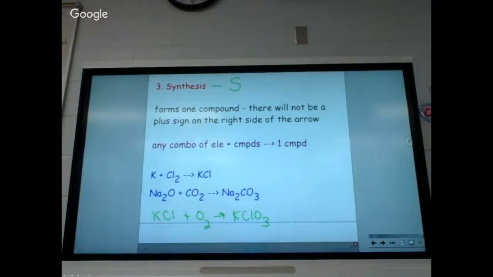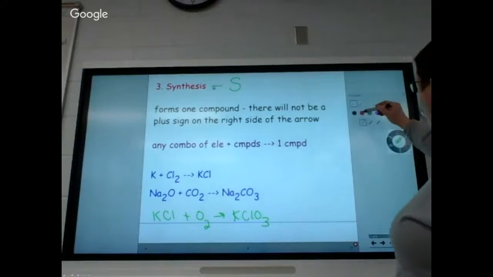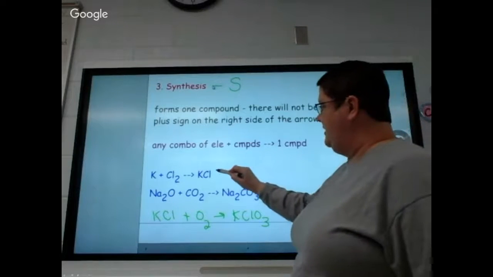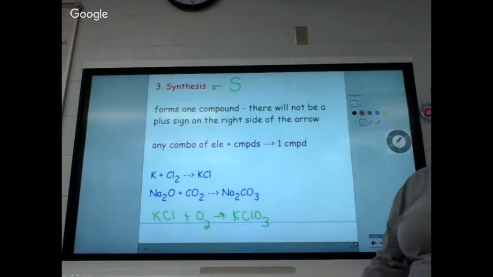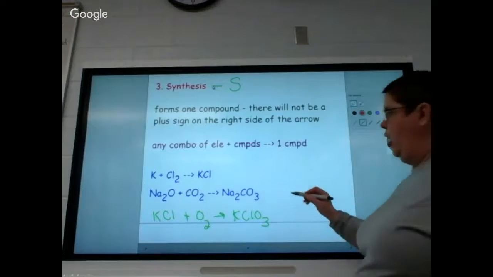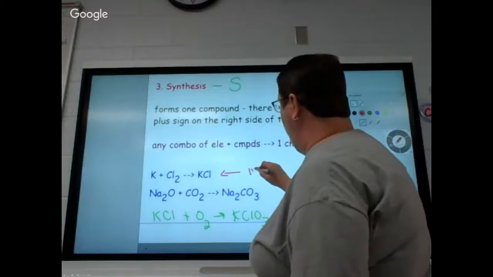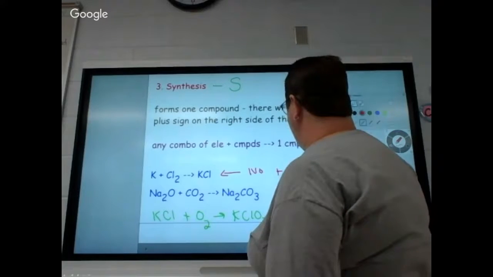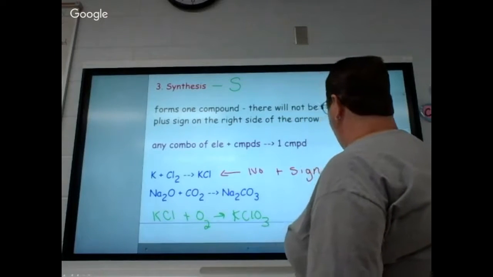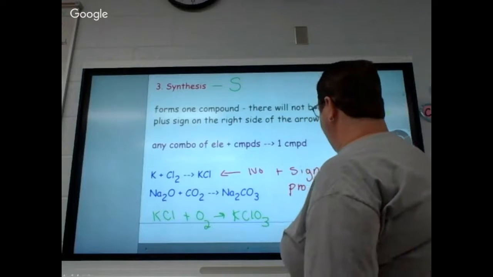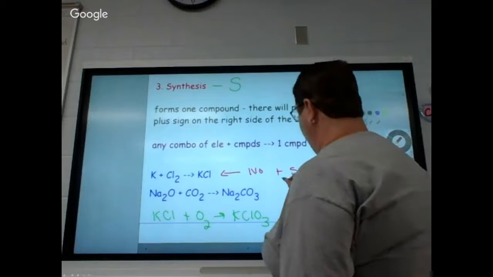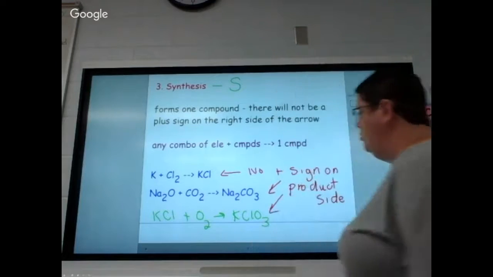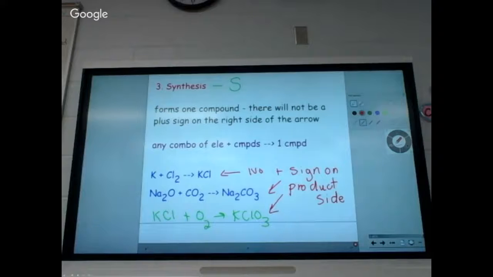But what do you notice about all the products? What's missing on all three of these things? There's no plus sign. Okay? On all three, there's no plus sign on the product side. Okay? So when you look at all three of those reactions, there's no plus sign on the product side.